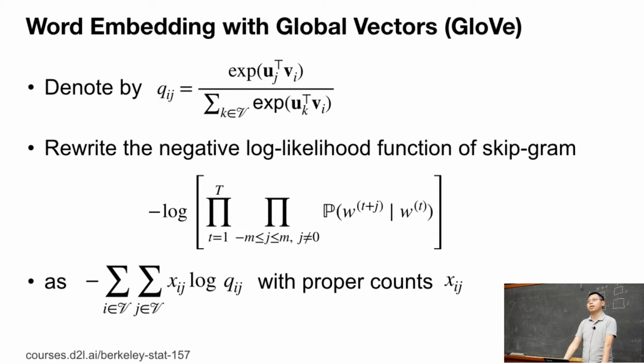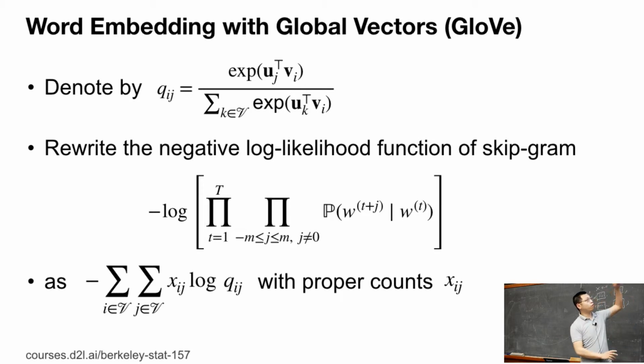Then think about the likelihood function along the sequence: every time we pick a center word and a bunch of context words. On the other hand, you can rewrite it for each pair ij by computing the frequency, how many times it appears in the context, and multiplying p_ij by the count. So we can rewrite it in another form.